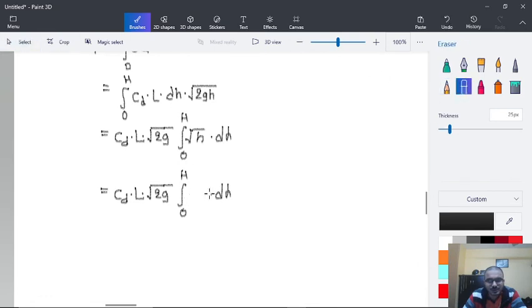Instead of square root of h, we can write h raised to 1 by 2.